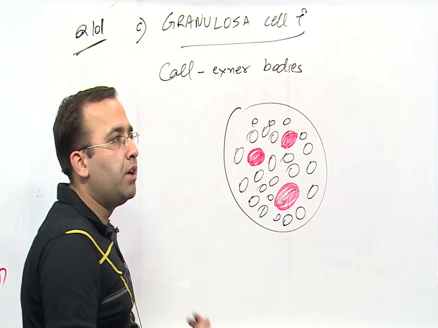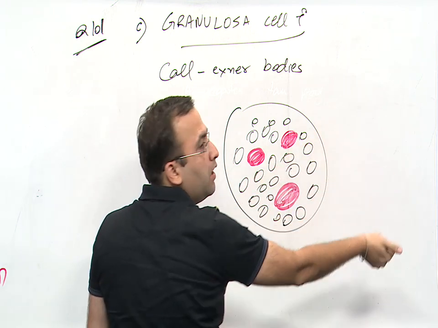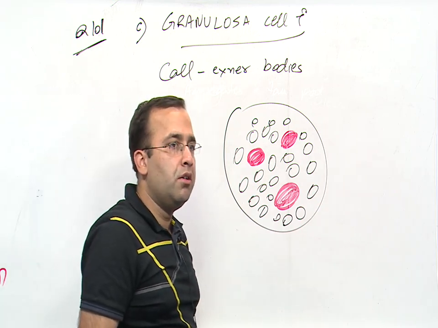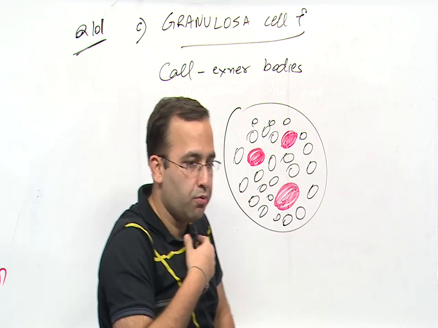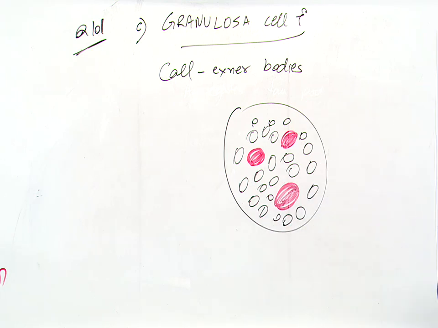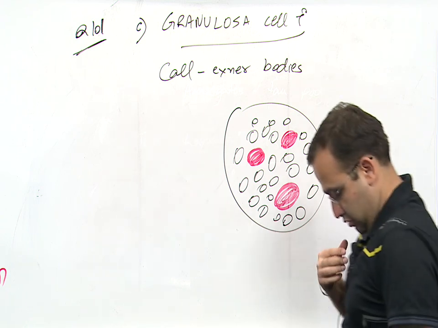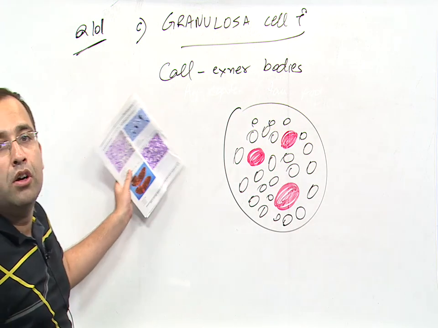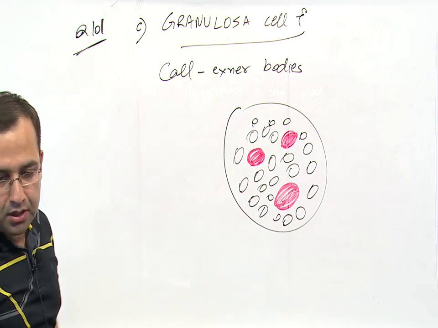Kohl-Exner. It looks like a primitive telephone. You pick the receiver and you dial from the center. Kohl-Exner bodies, granulosa cell tumors.